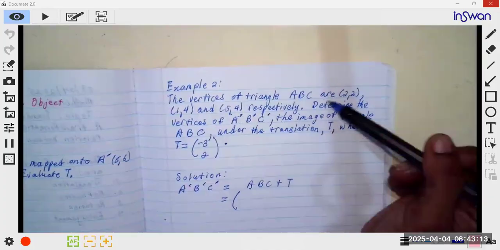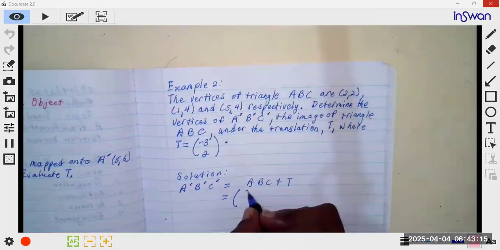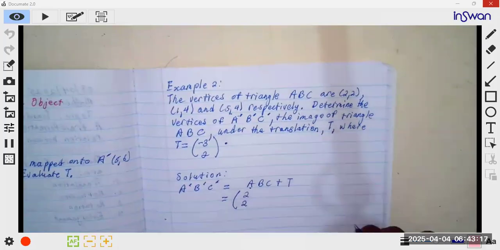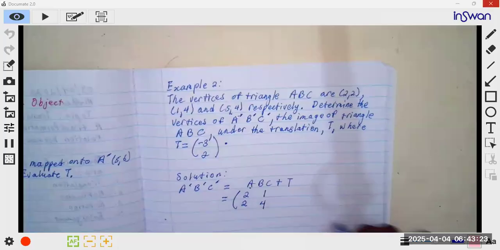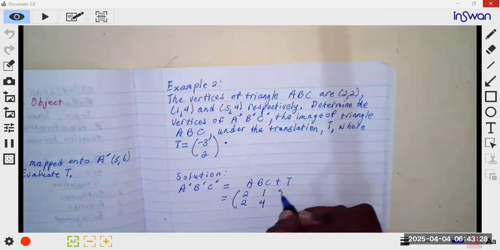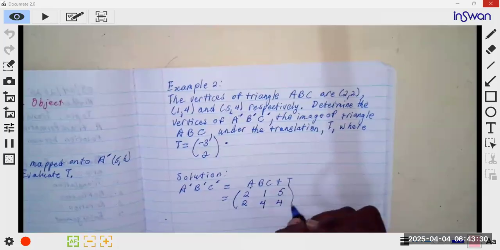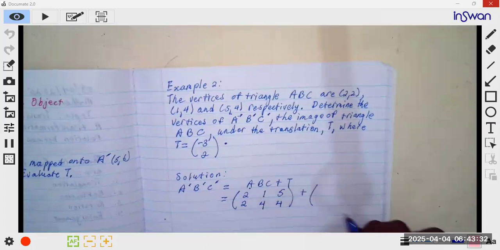So A is (2, 2). What is B? B is (1, 4). What is C? C is (5, 4). And we're going to add it to our translation vector, which is (-3, 2).